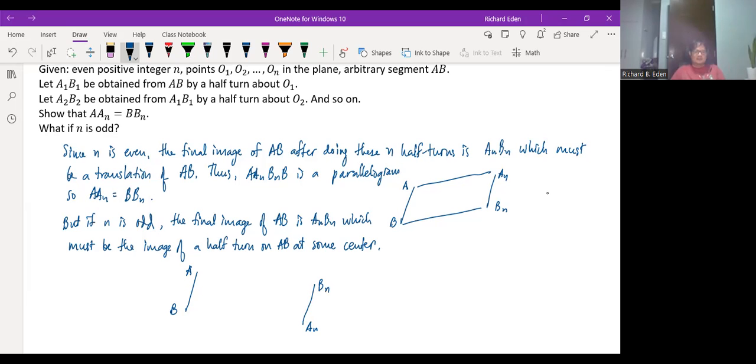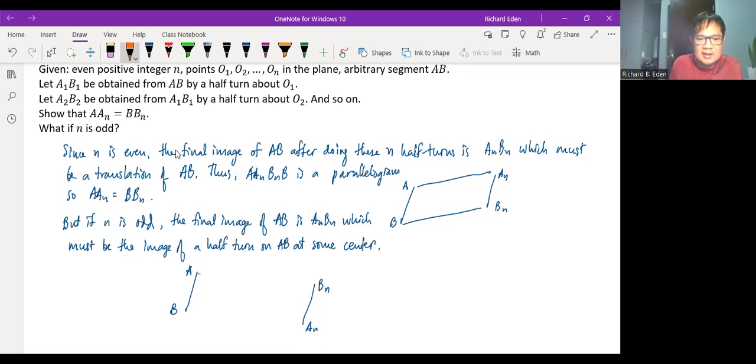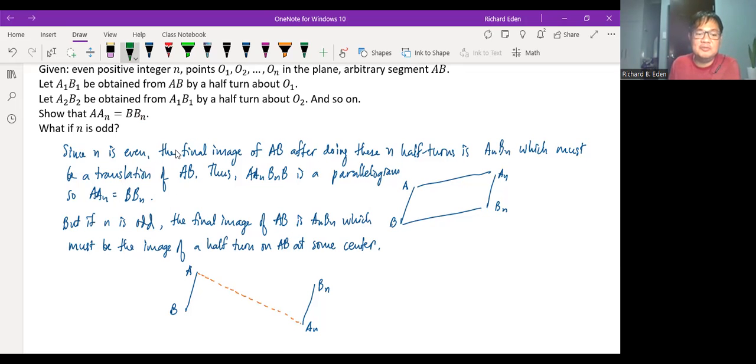No, not necessarily. Because A sub n and B sub n, instead of being opposite sides of a parallelogram, are going to be diagonals of a parallelogram. And given a parallelogram, the diagonals are not necessarily congruent.